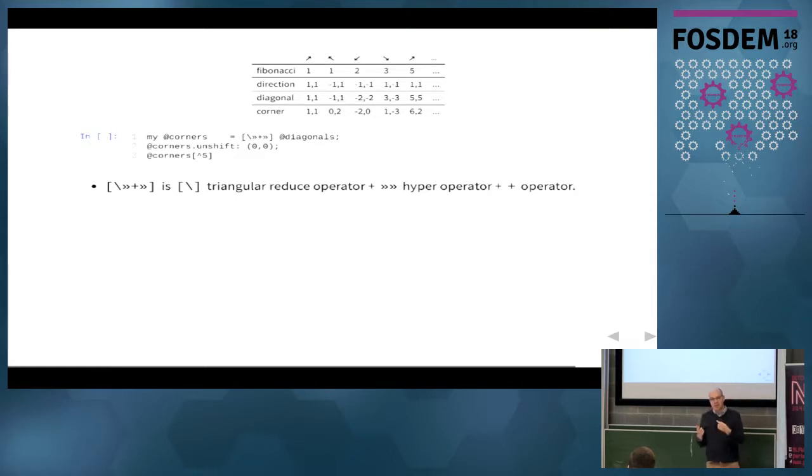So triangular reduce is just like reduce, except all those little steps you did along the way, hold on to those. Save those, and that's why it's a triangle, because you're generating more and more each time.